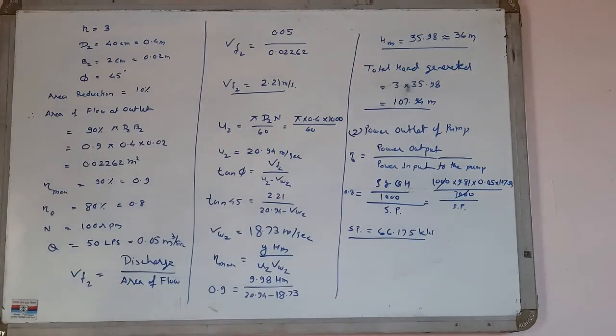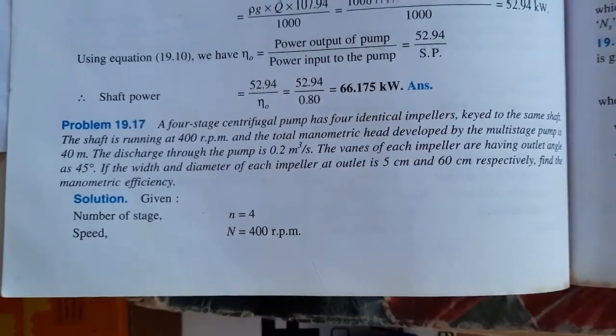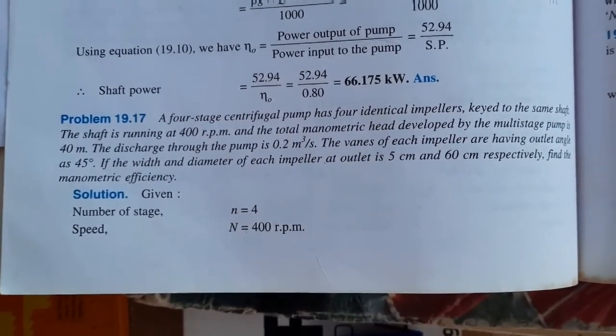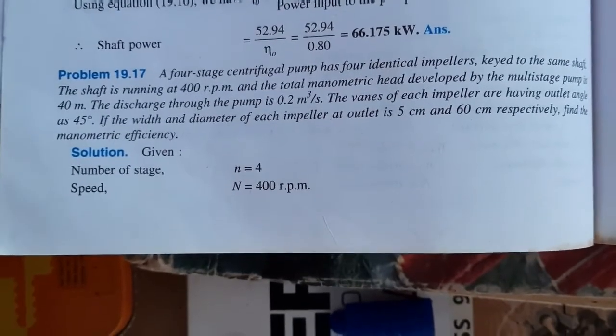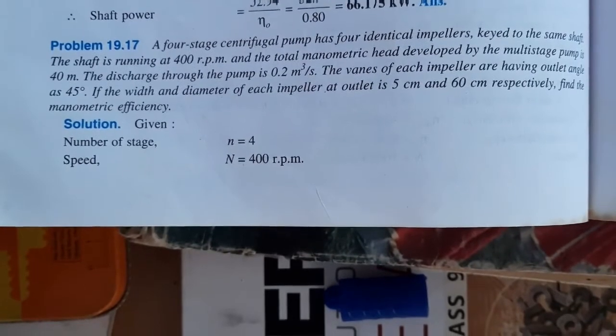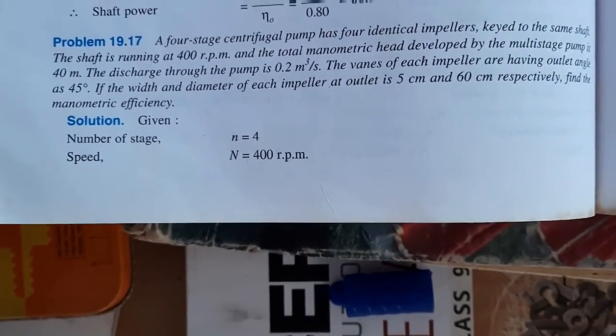So we have to solve similar type of questions. We'll take one more numerical. A four-stage centrifugal pump has four identical impellers keyed to the same shaft. The shaft is running at 400 rpm, and total manometric head developed by multi-stage pump is 40 meter.